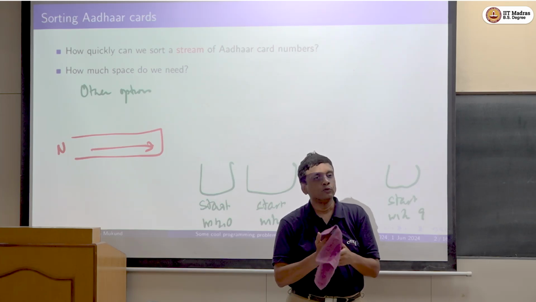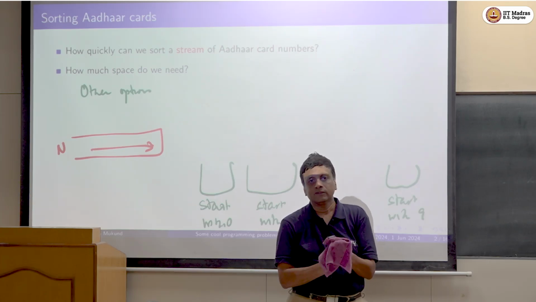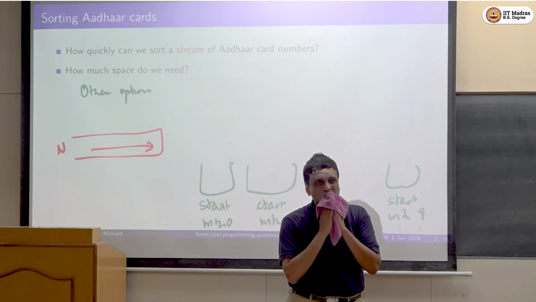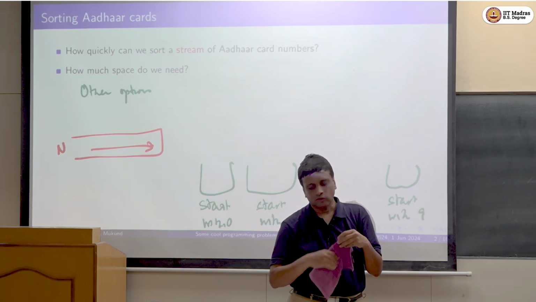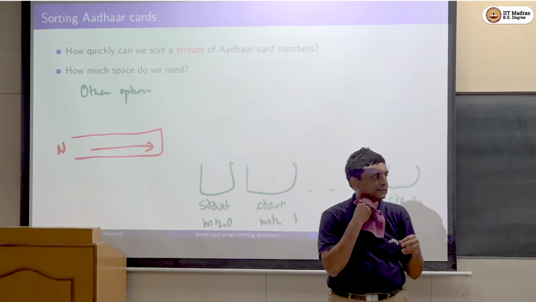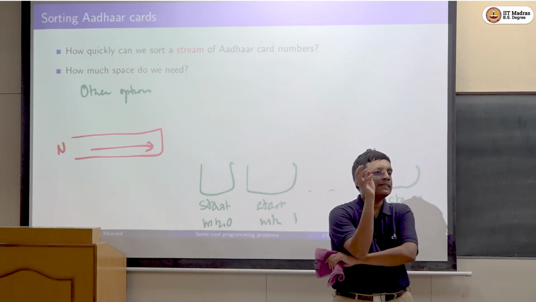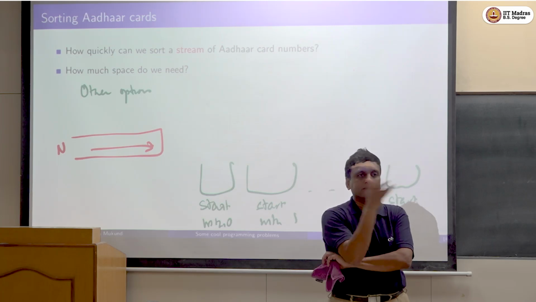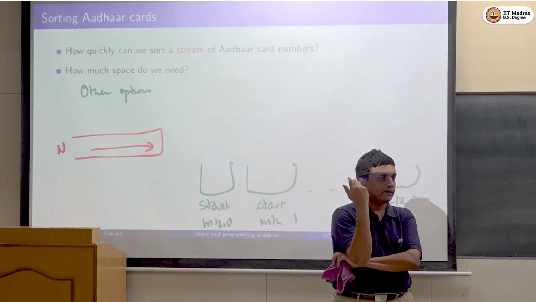So if you can use the representation to your advantage, you can sometimes do some indirect attack on the problem and represent the values in an alternative form. So here what we are saying is that these numbers are meaningful as sequences of digits, but we can also think of them as numbers and make use of that fact. Okay?